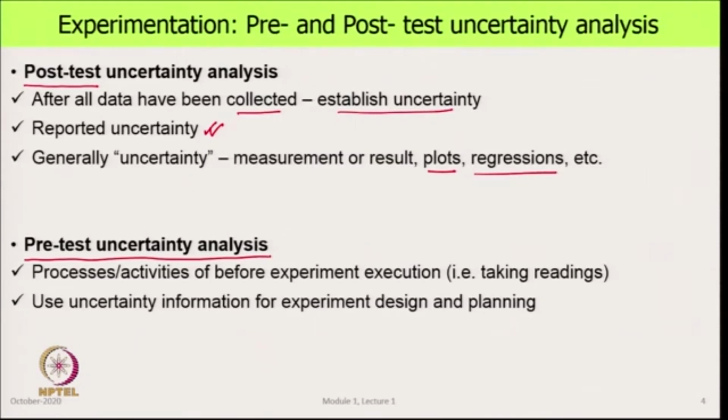All of that is still fluid and we need to take a decision on that. And one of the criteria by which we make those decisions is to do an uncertainty analysis, and that helps us a lot in experiment design, planning, and also selection of instruments.